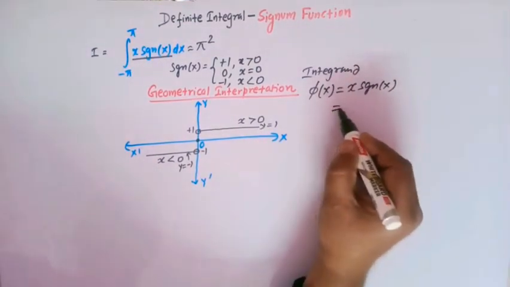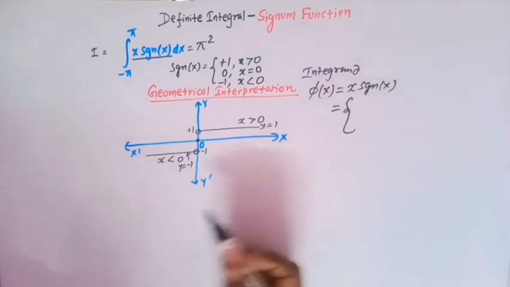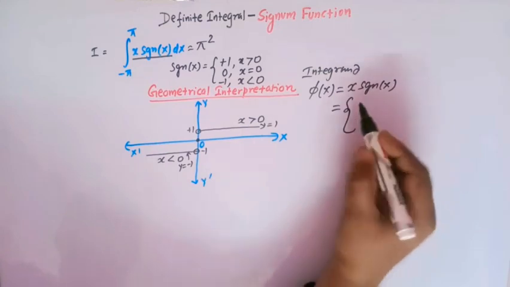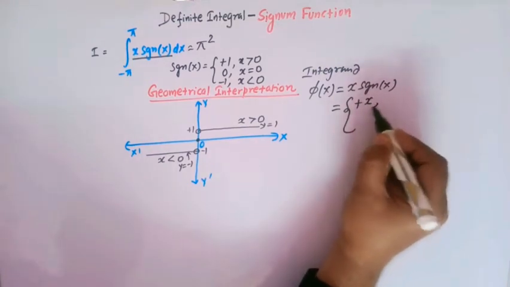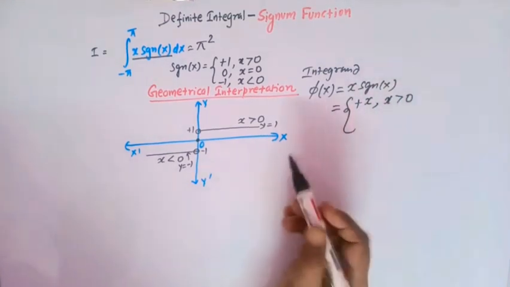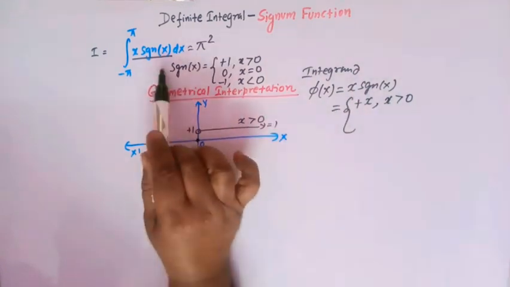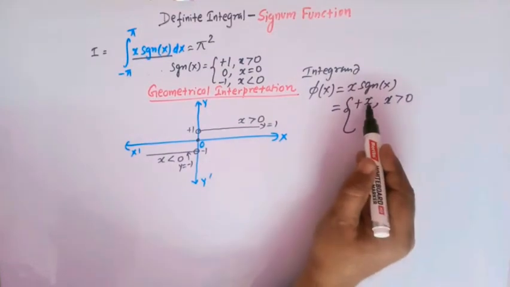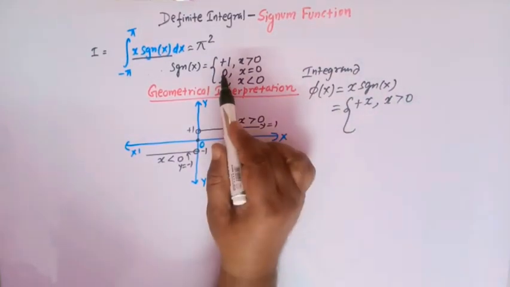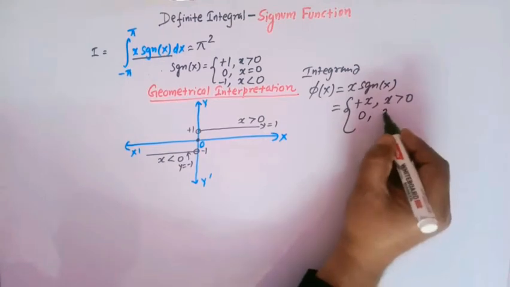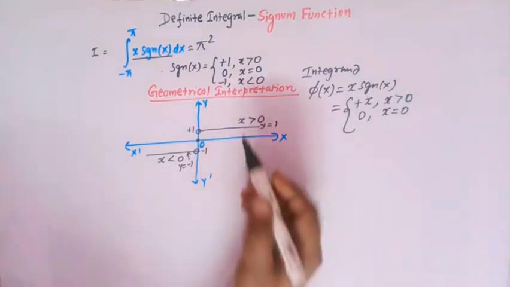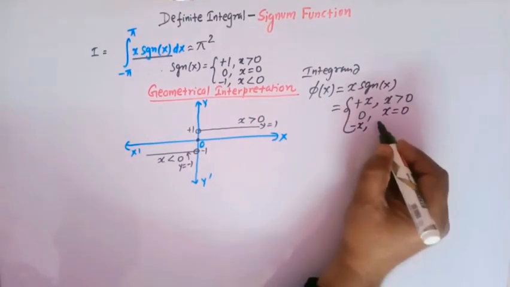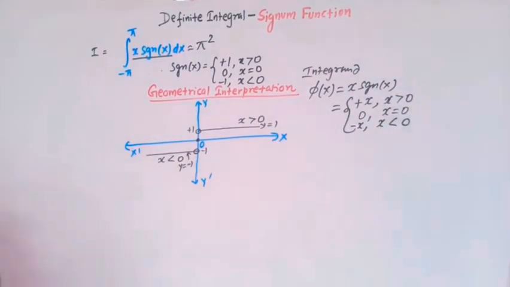Now we see that phi of x is equal to plus x whenever x is greater than 0, because if we multiply both sides by x, then x times 1 is plus x, and x times 0 is 0 when x is equal to 0, and x times minus 1 is minus x when x is less than 0.